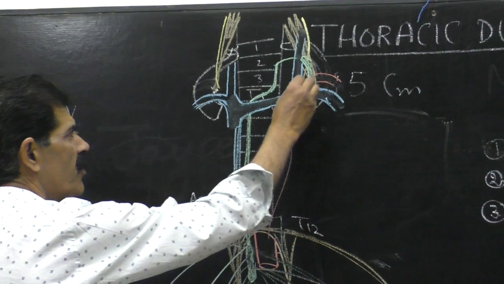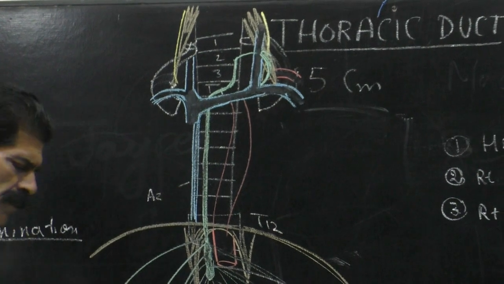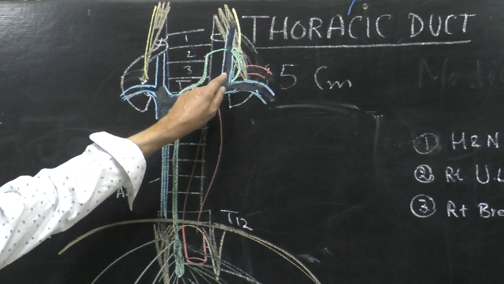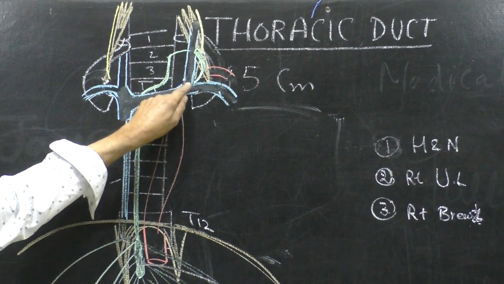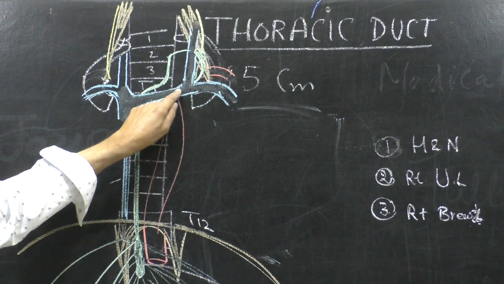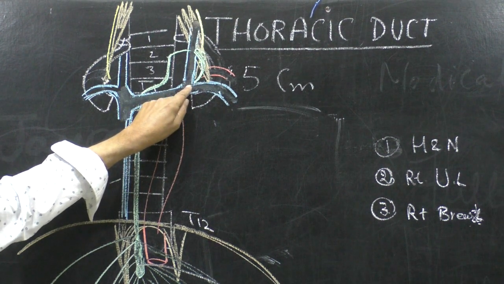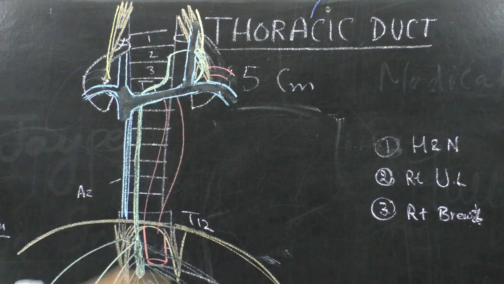And at its termination, there lies a bicuspid valve. This bicuspid valve may be in the internal jugular vein or in the subclavian vein. This bicuspid valve helps in unidirectional flow and prevents the blood from going into the thoracic duct.